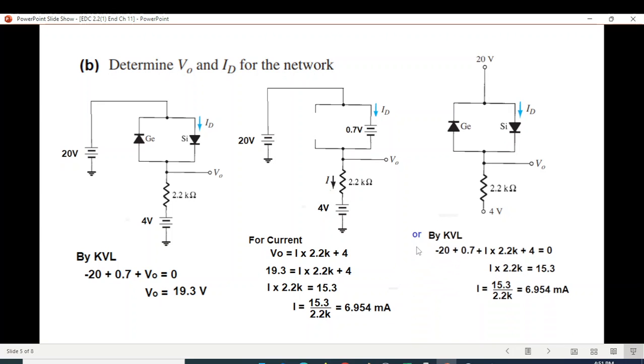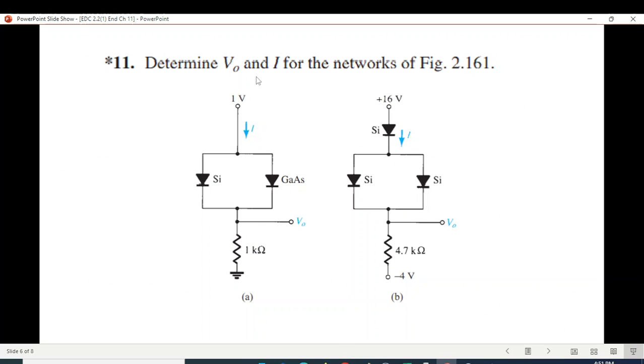Or we can use the KVL equation, minus 20, plus 0.7, plus I into 2.2 plus 4 equal to 0, and from here also we get the same answer. So question number 10 done, and okay, the current is same as ID current, so it will be same value.